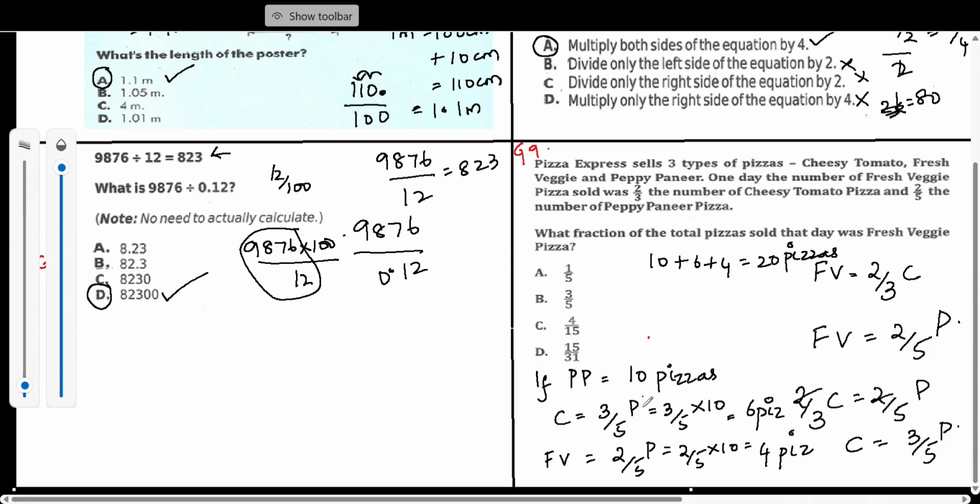So, 4 of 20 is how much? What fraction is 4 of 20? Clearly 20/4 is 5, which means 1/5 of 20 gives us 4. So 1/5 is the fraction of fresh veg pizza sold for that day.